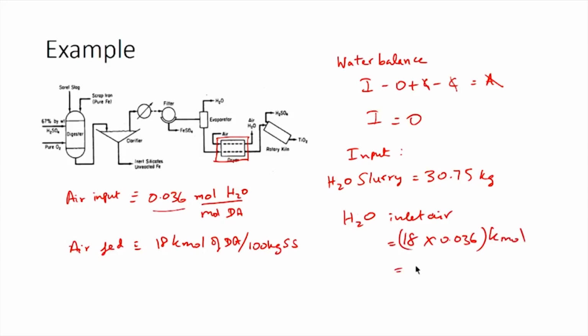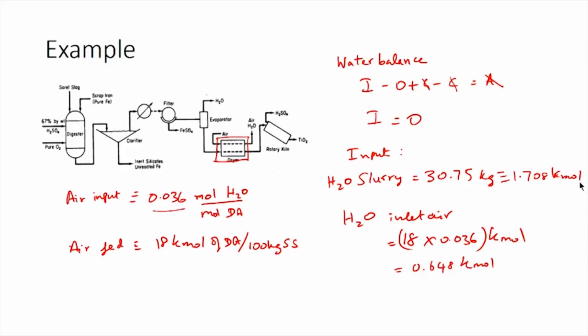So, this equals 0.648 kilomoles. This 30.75 kilograms can also be converted to moles by dividing it with the molecular weight, and we end up with 1.708 kilomoles.